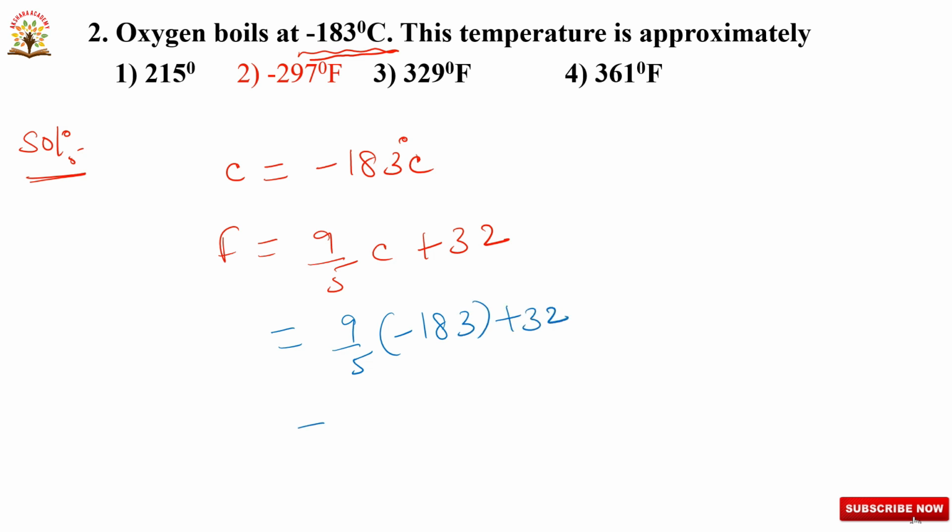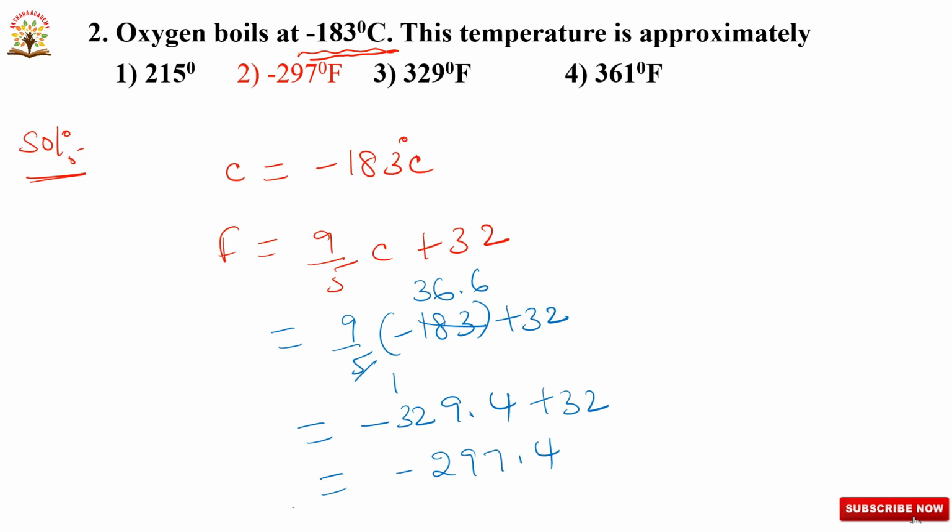So that is equals to, 5 ones are 5, 5 6s are 30, and so 36.6. 36.6 into 9 becomes minus 329.4. So here plus 32. If you subtract this, then we will get minus 297.4.